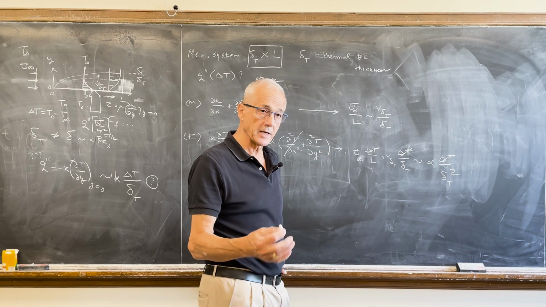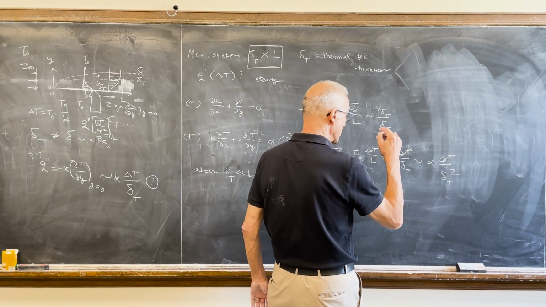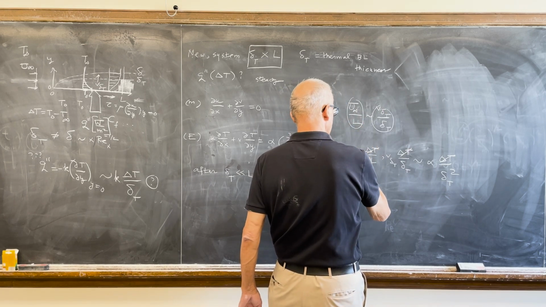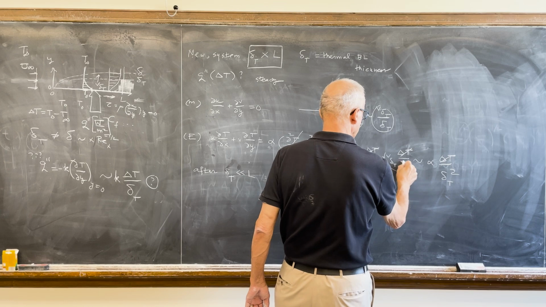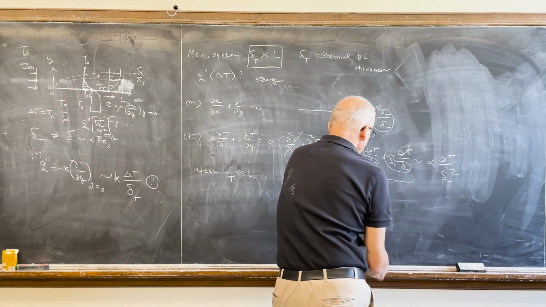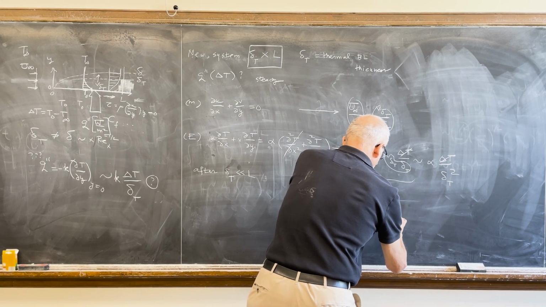Next, you make the observation that the left-hand side, two terms, is only one order of magnitude because this balloon appears here and here. So the left-hand side is of order U infinity over L.